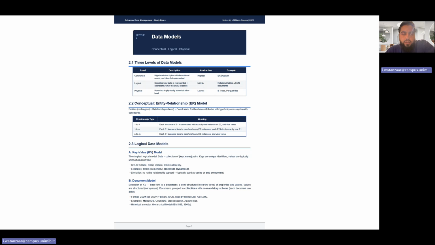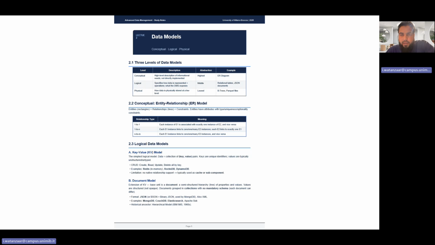The third one is physical, which is the actual representation of data: how the computer stores the data, how data is physically stored at a low level. Now it comes to the computer and how it stores. But we should not forget that the logical aspect should be represented in the physical data, as we planned.